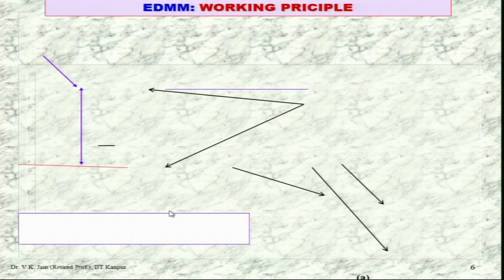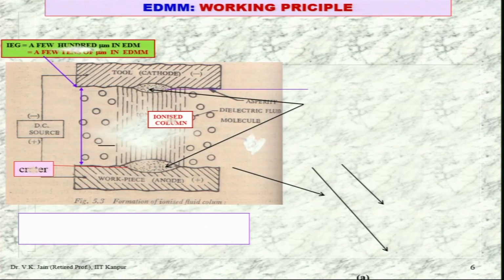Working principle of EDMM, electric discharge micromachining: the electric discharge machining principle remains the same. So here you can see, this is the tool which is cathode, this is the workpiece which is anode, and the inter electrode gap is few hundred micrometer in case of EDM and few tens of micrometer in case of EDMM.